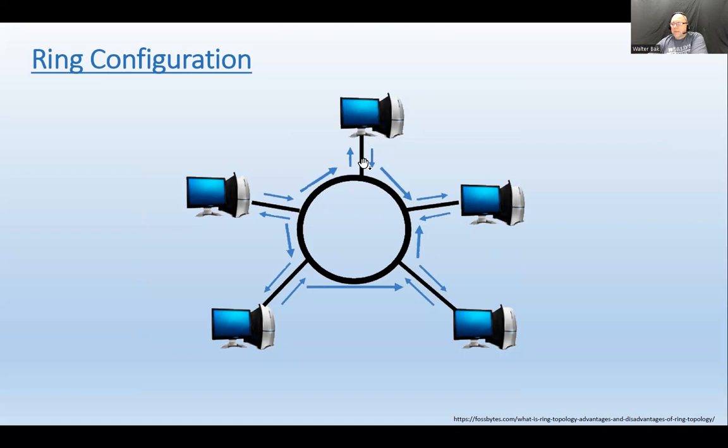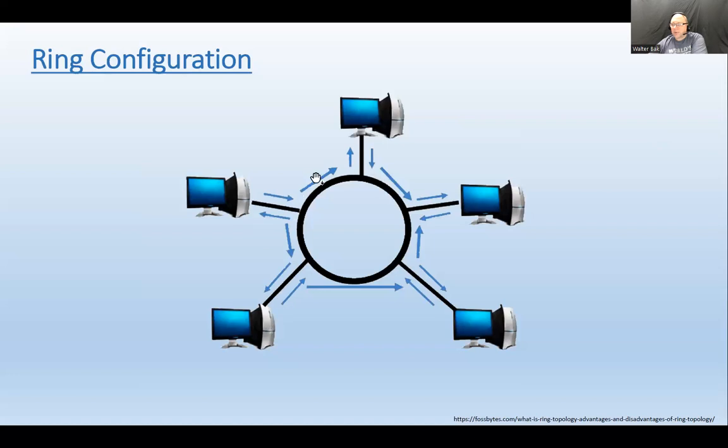Now, if it were a ring configuration, the data would just go one way, and as I said, the communication link would be broken if this one wanted to communicate with that, with data only traveling one way. But we could have a different configuration. If normally the data travels this way, and there's a break here, and this computer doesn't get a response, then it's going to say, well, if I couldn't send it this way, maybe I can send it the other way down the ring, and maybe this computer will get it.